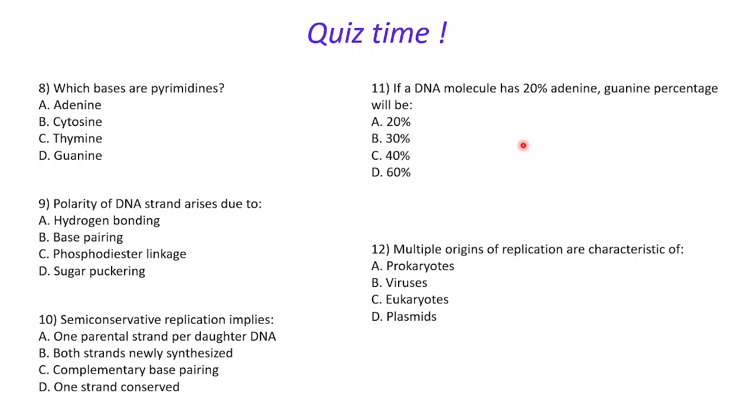The next one, semi-conservative replication implies. So what do you understand by semi-conservative replication? One parental strand per daughter DNA, both strands newly synthesized, complementary base pairing, one strand conserved.